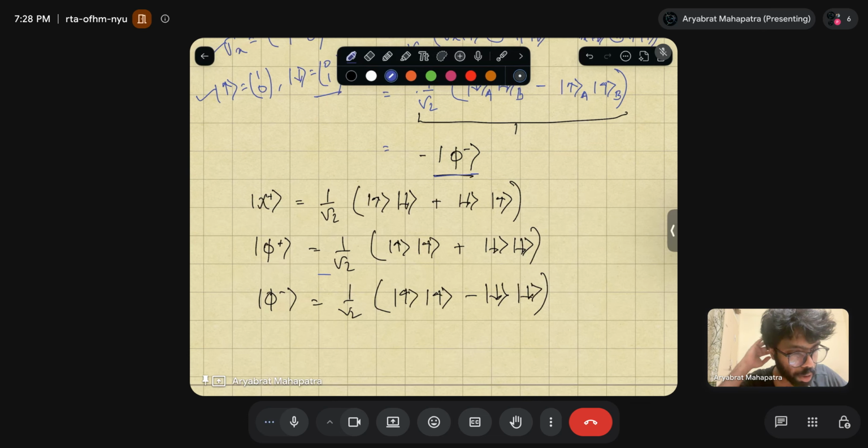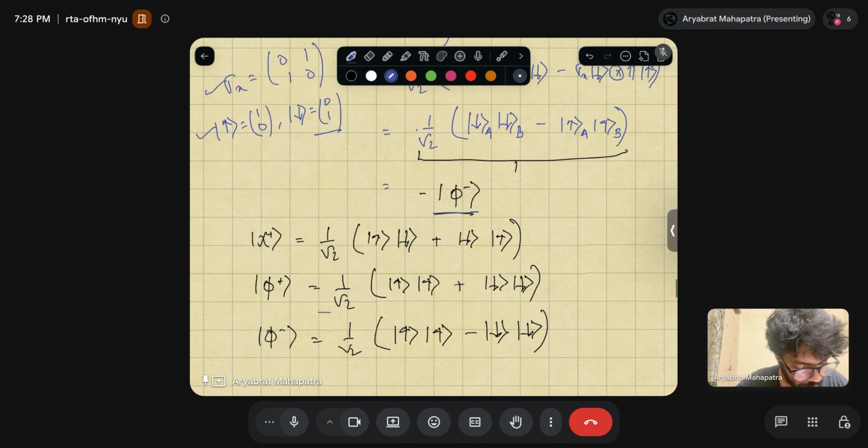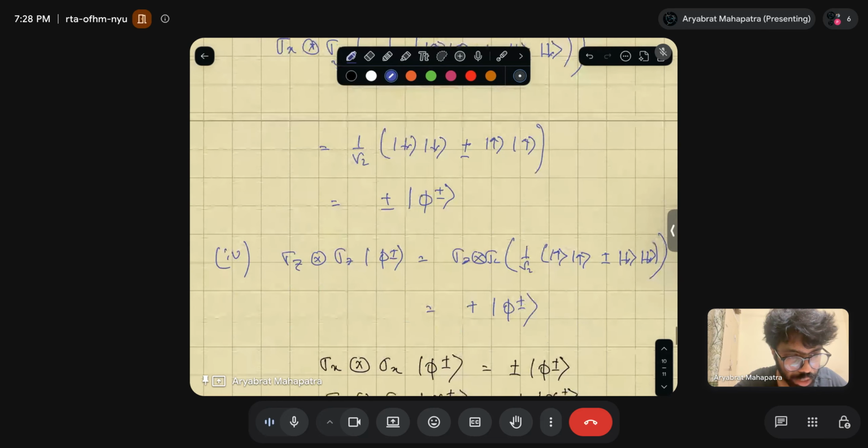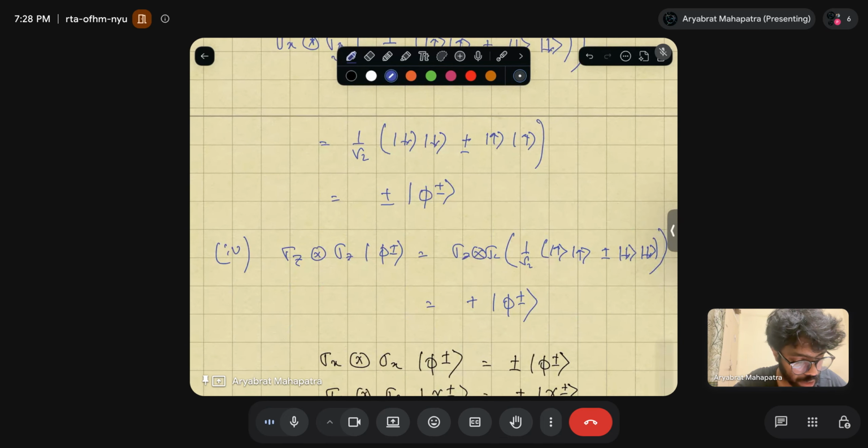Then Bob has two qubits with him: originally he had one pair of entangled qubit, and now he is also in possession of Alice's qubit. So let's say if Alice's outcome is chi plus, which means initially Alice and Bob had one pair of chi minus, and then after Alice's measurement, which she got to be chi plus, she sent chi plus to Bob.